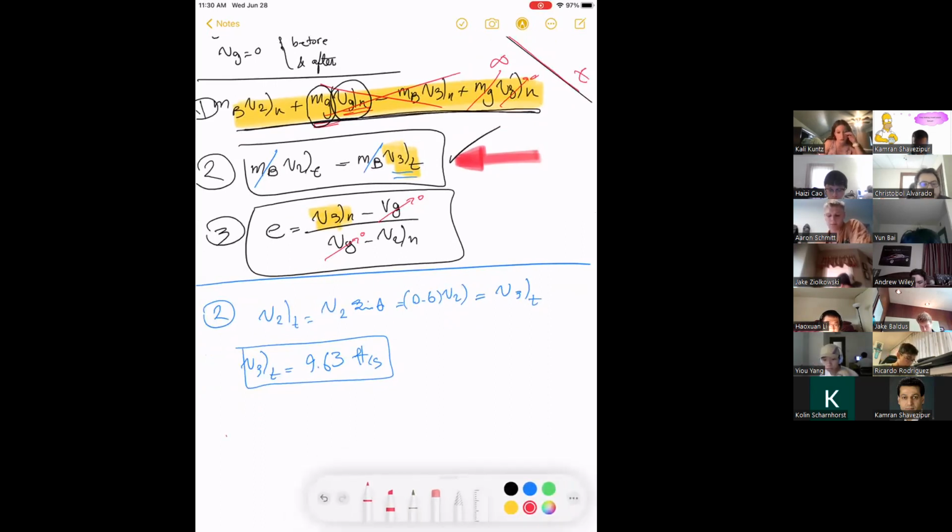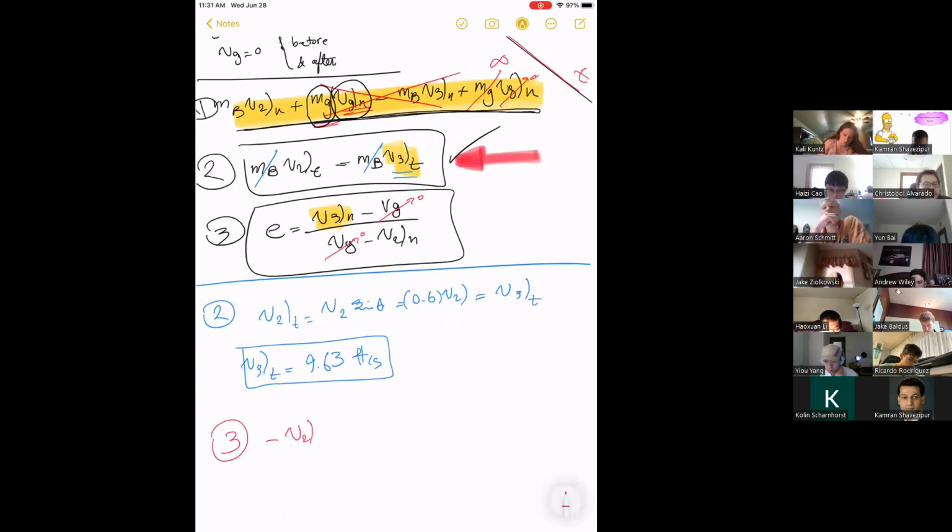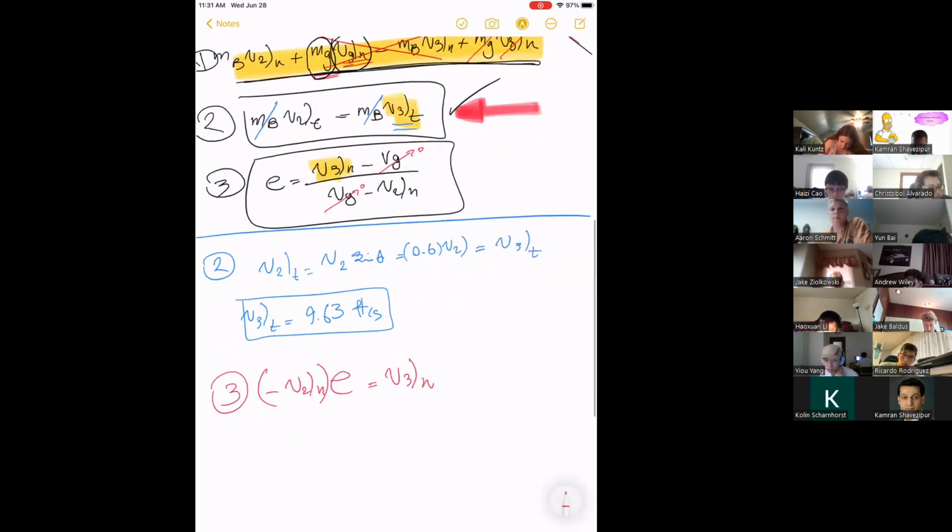If I write equation 3, you're going to get minus V2n times e equals V3n, right? We do not know V3n, but V2n, look at here for a second, please.